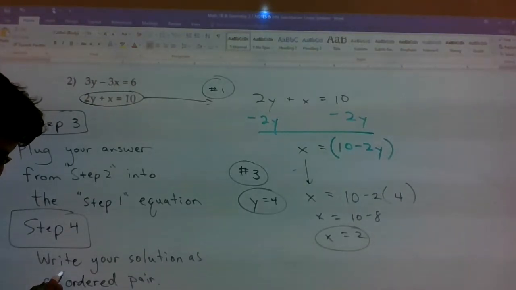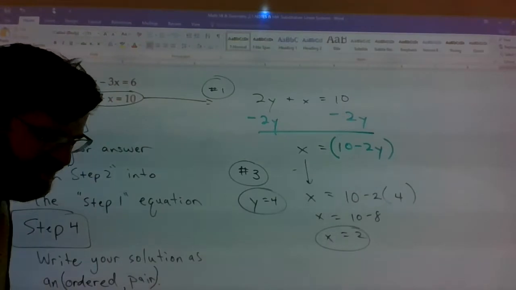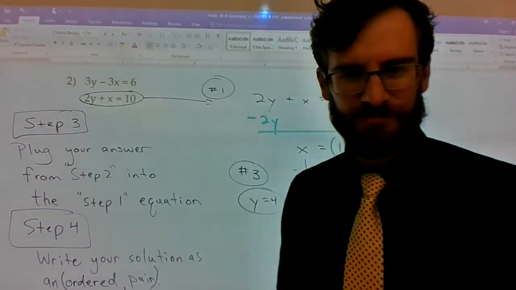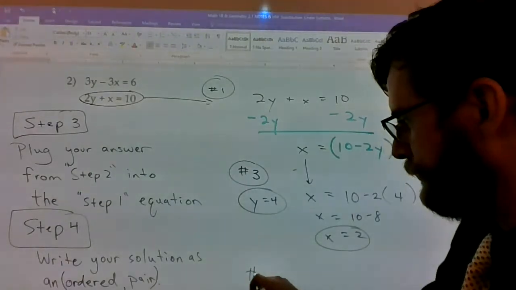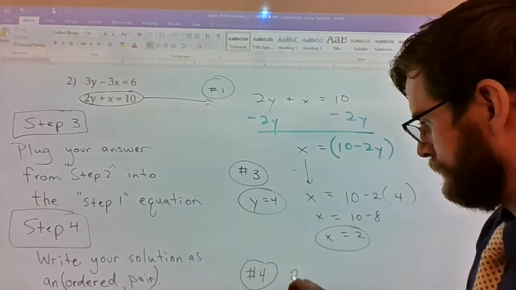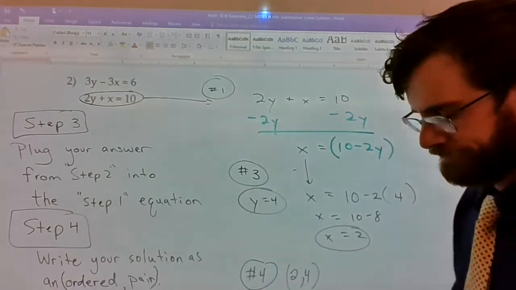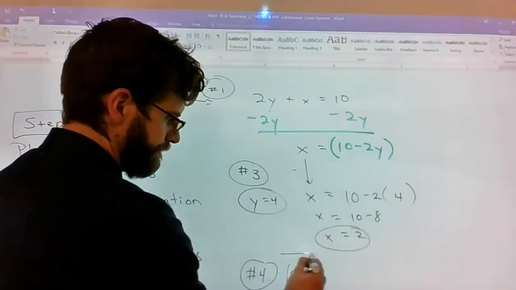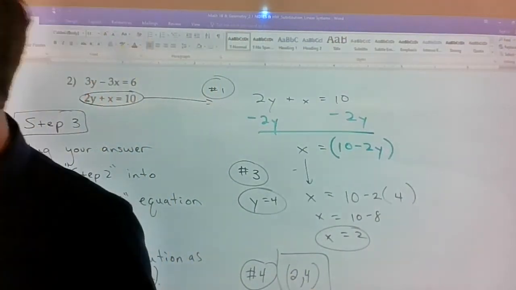Yeah, and maybe I'll just put ordered pair in parentheses with a comma separating it, just to show you guys what I mean. So here's step number 4. 2, 4. Let's try another one.